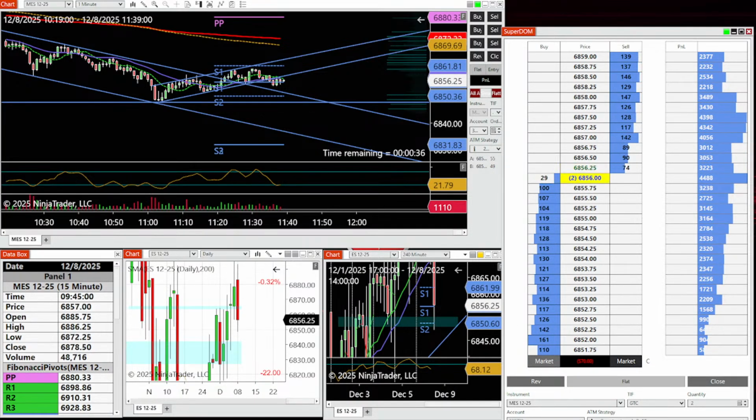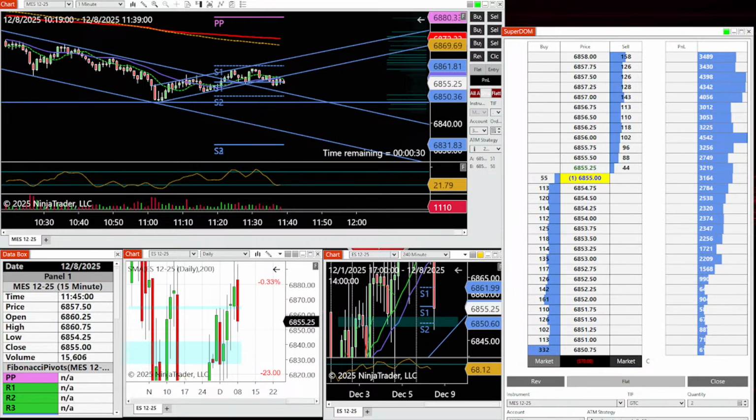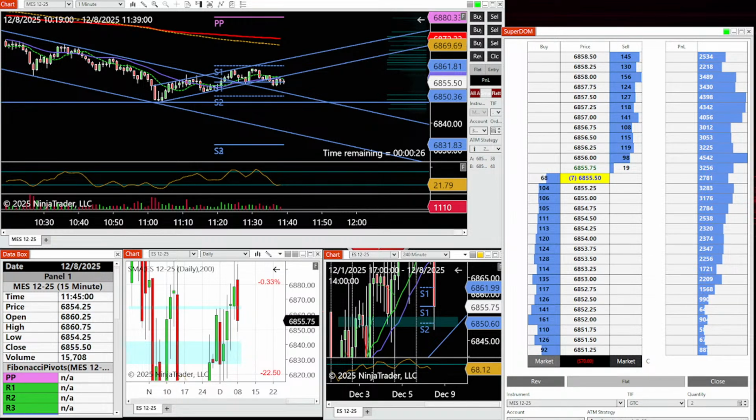Point of control moved lower to 57. New point of control is 57.